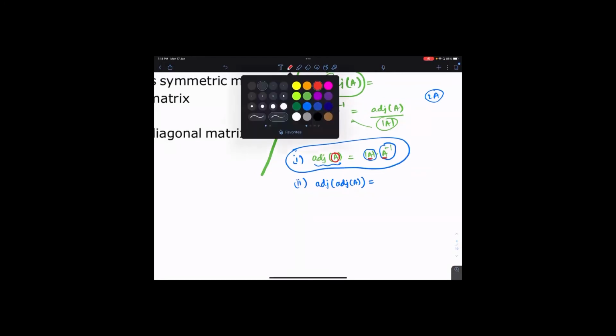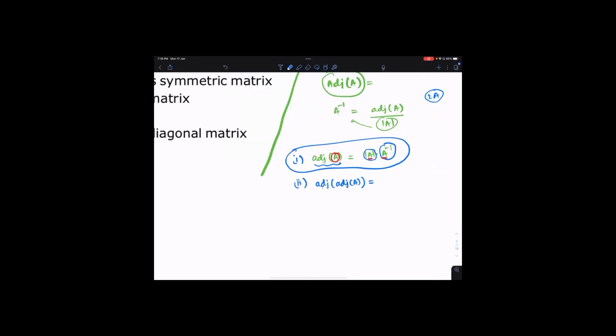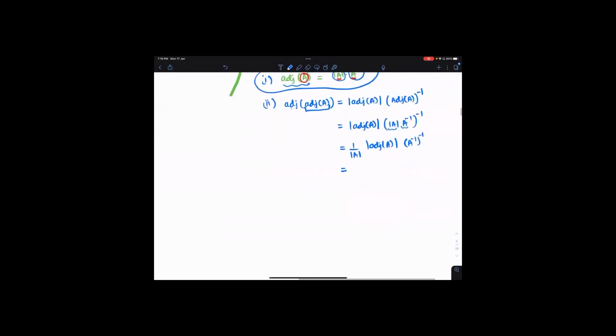Now coming to the second point, what is the inverse of adjoint A? Adjoint A is det A into A inverse, so its inverse is 1 by det A, since det A is a scalar and the inverse of a scalar K times a matrix is 1 by K times the matrix inverse, into the inverse of A inverse, which is A only. So the inverse of adjoint A is 1 by det A into A.